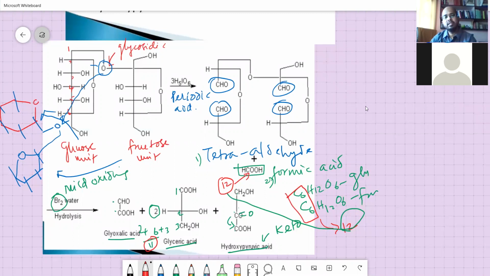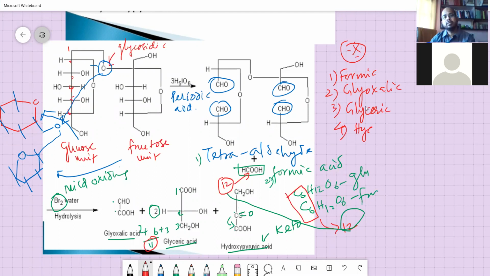Formic acid is an important content to establish. Formic acid, glyoxylic acid, 3 is glyceric acid, 4th one is hydroxypyruvic acid. Hydroxypyruvic acid. It suggests the presence of the number of carbon atoms.